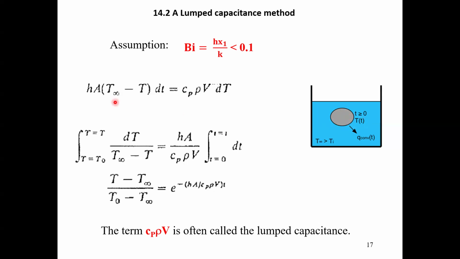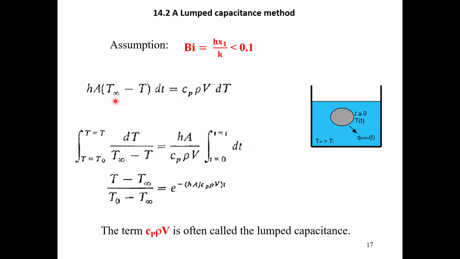So heat transfer that happens via convection from that material to the surroundings, T infinity, and you multiply by the small time interval through which this heat transfer happens.